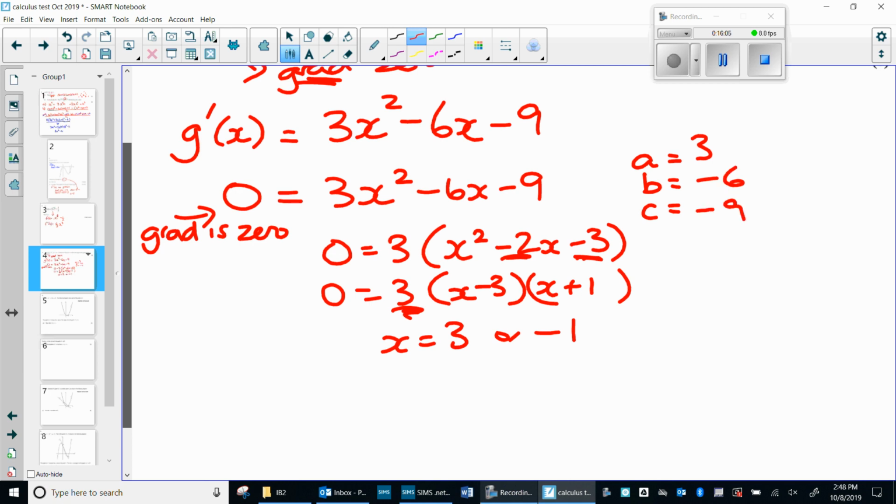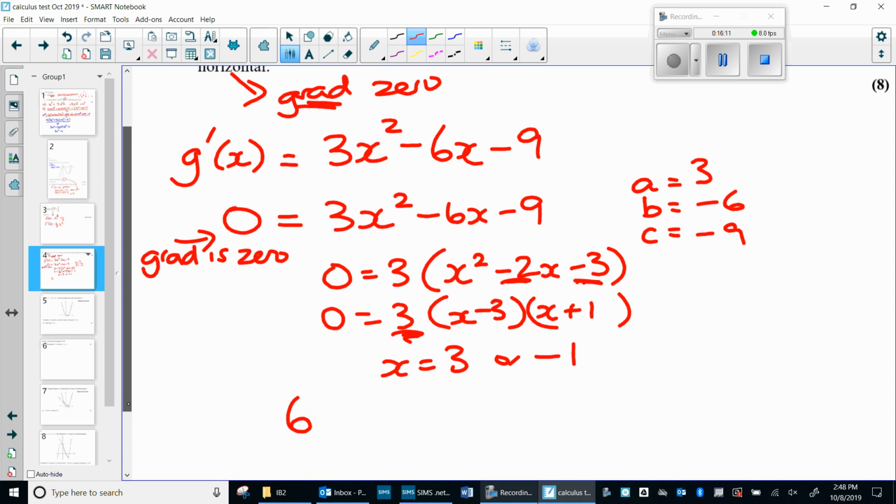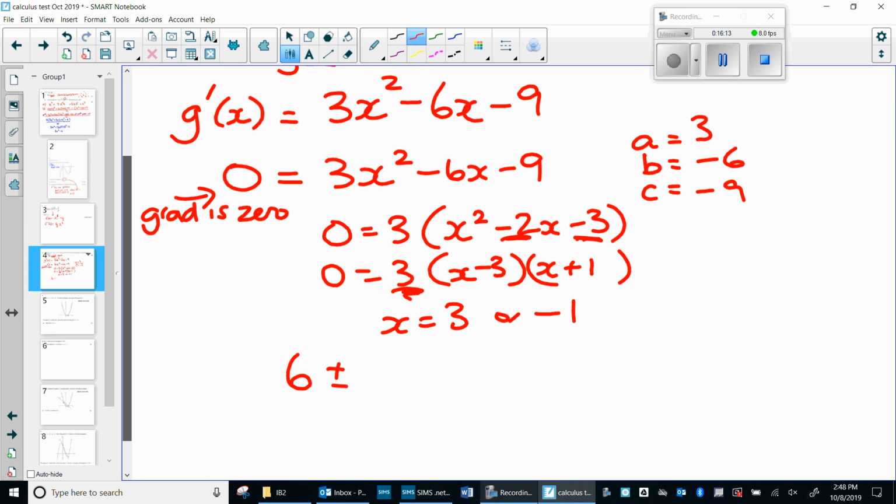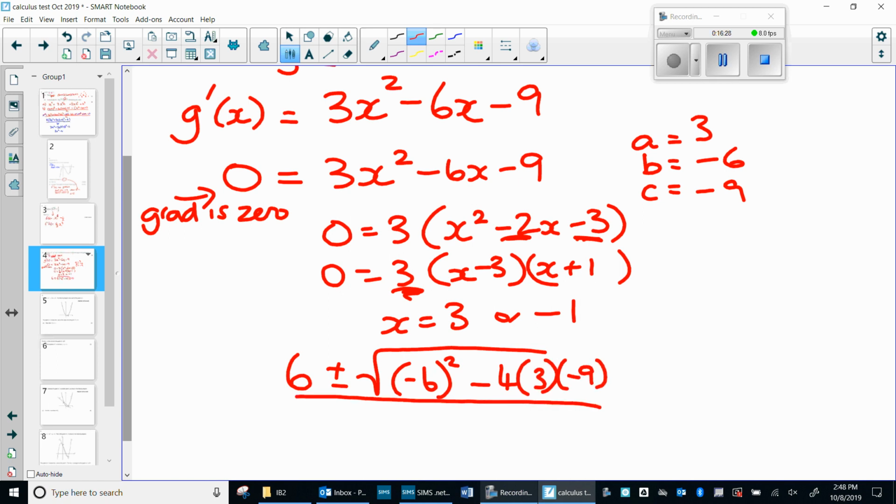If it's minus b, then it would be 6, because it's the opposite, yeah? Plus or minus the square root of negative 6 squared minus 4 lots of 3, lots of negative 9, over 2 lots of 3.